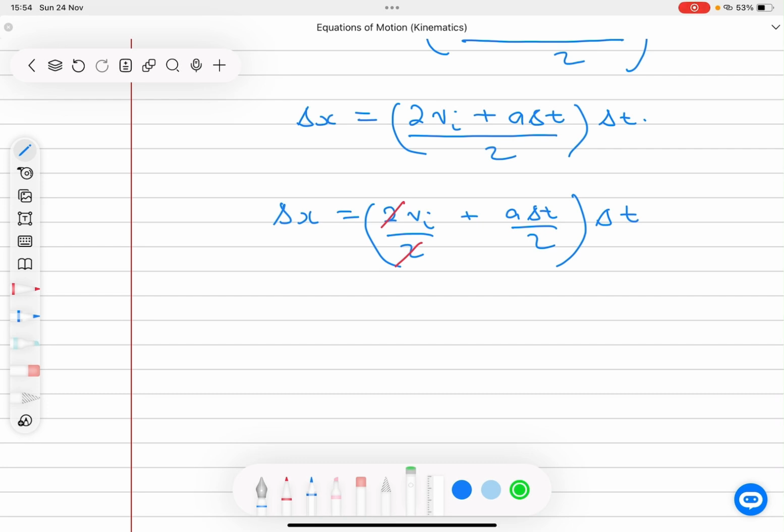And I'll start distributing the change in t, so this times that gives me Vi times change in t. If we also distribute this to this, I'm going to write this as 1 over 2.